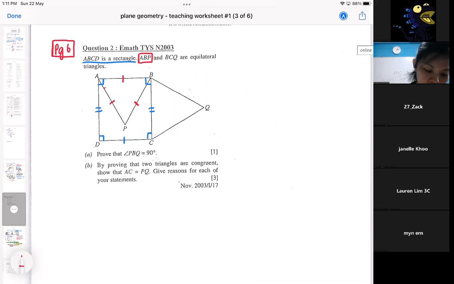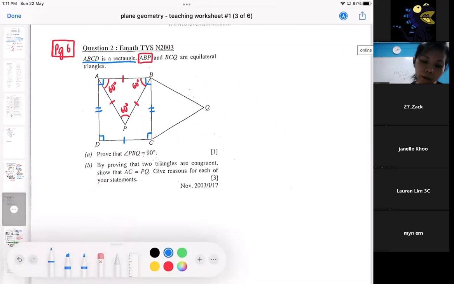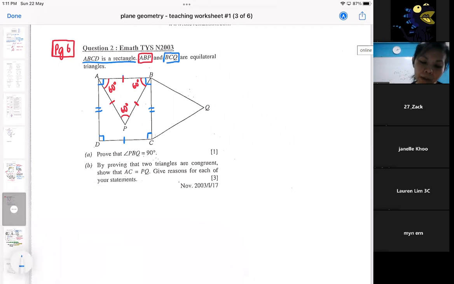And the equilateral triangle also gave me all this. Okay, I got another equilateral triangle, but these 2 equilateral triangles are not the same size, because can you see? They are different size. But of course, the 60 degrees is there.